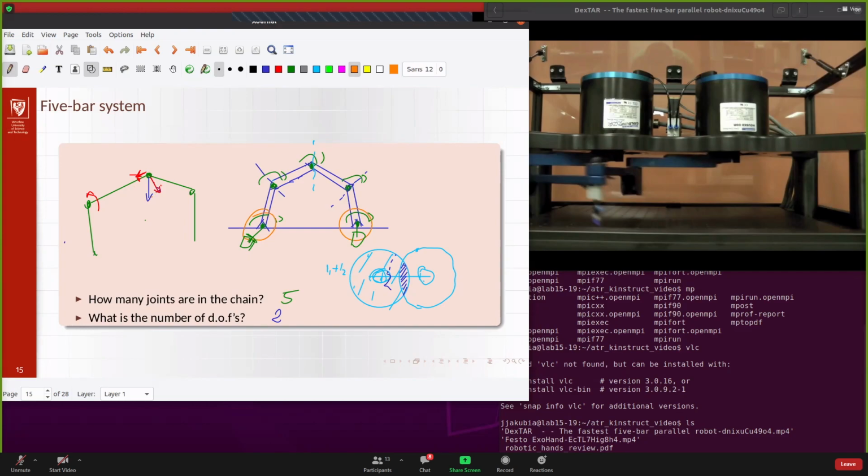We split the force into two components: one parallel to the link that is cancelled by the mechanical structure, and the left one, red, that is still not compensated.